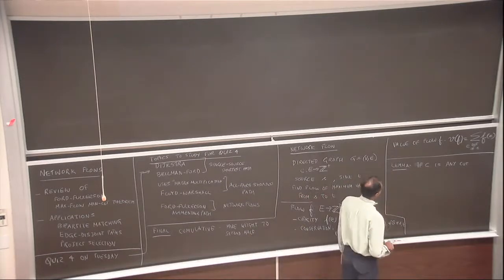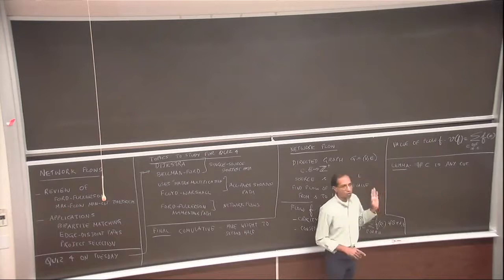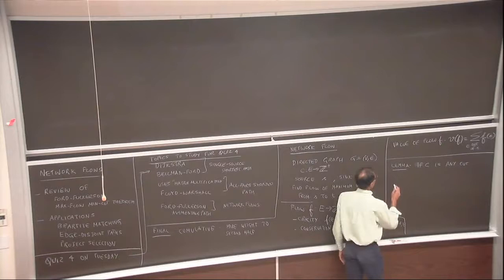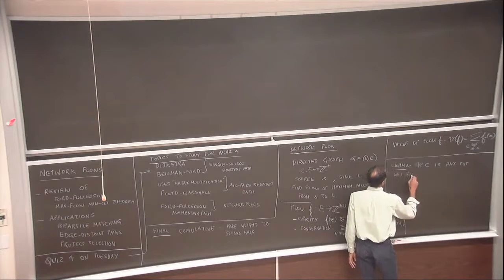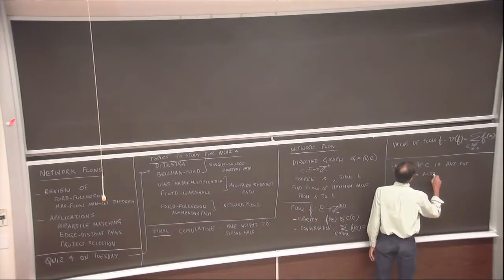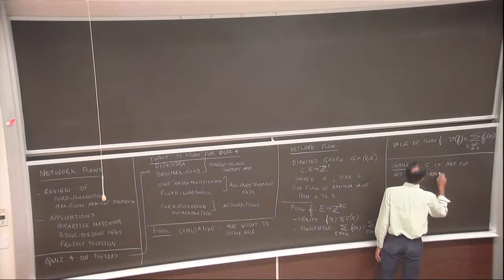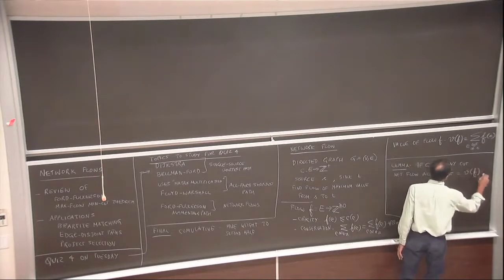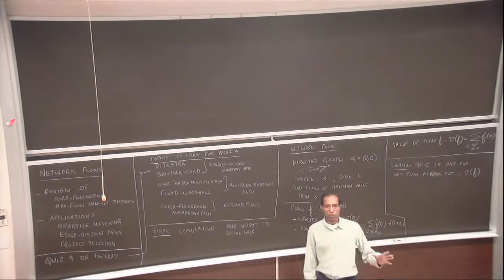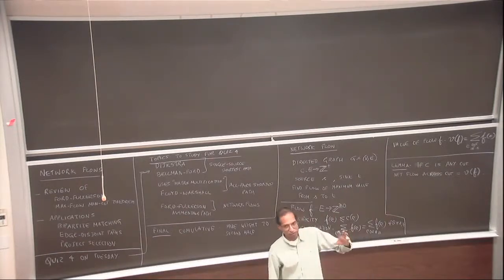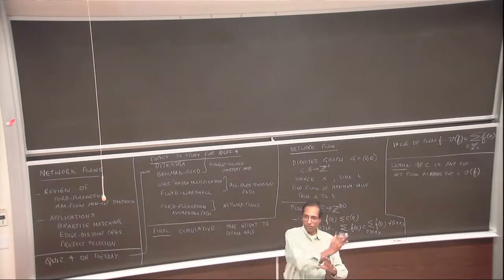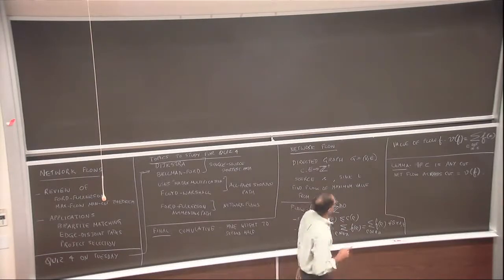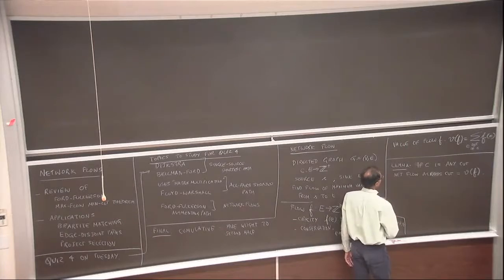If C is any cut, then the net flow across the cut is exactly equal to the value of the flow. What is the net flow across the cut? It's the flow going from the S side to the T side minus the flow going from the T side to the S side.